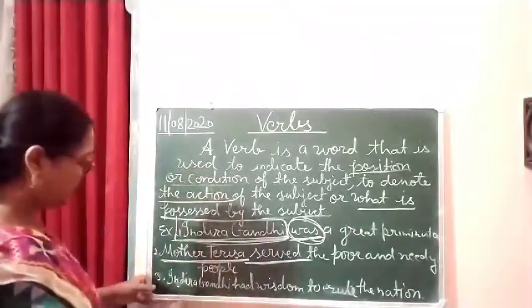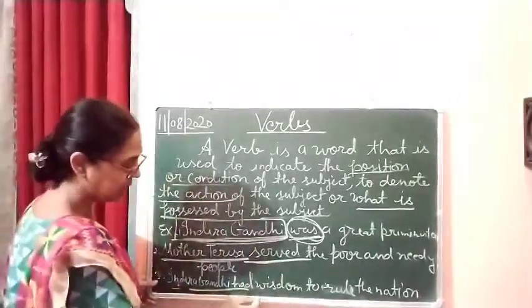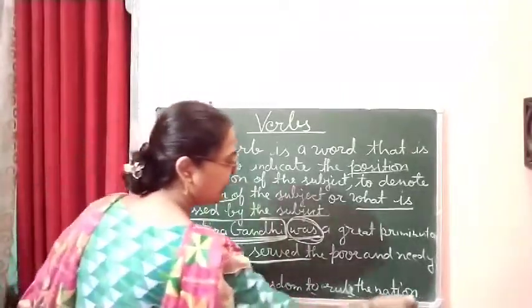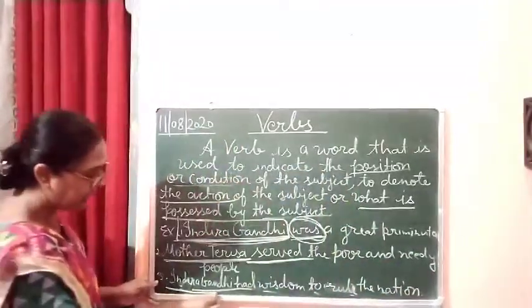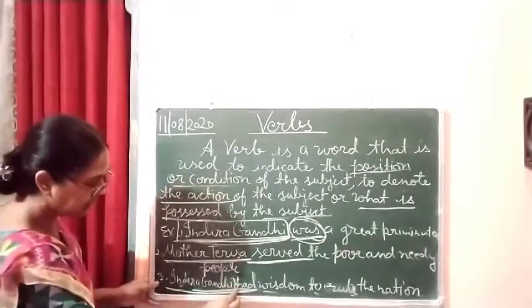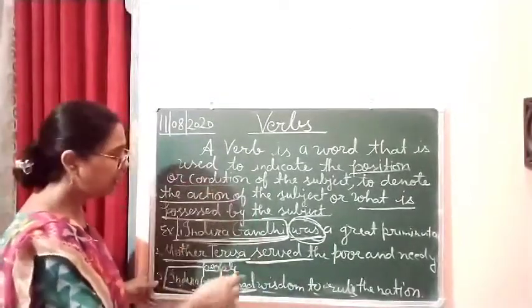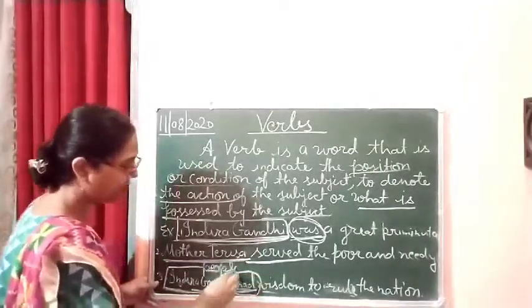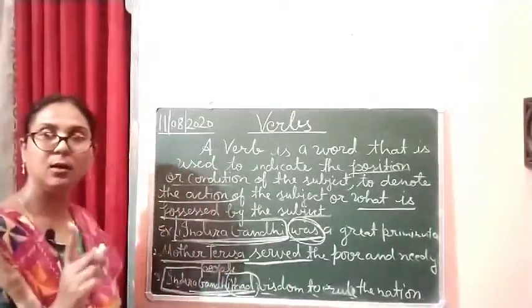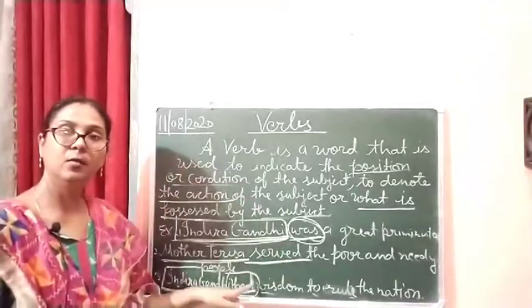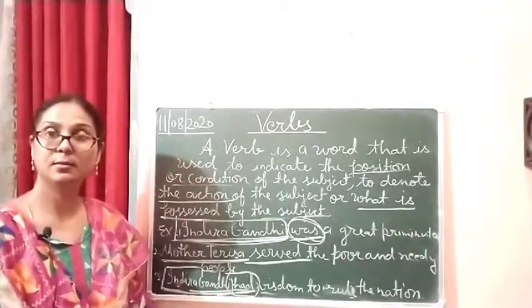Now, third, Indira Gandhi had wisdom to rule the nation. Here again Indira Gandhi is the subject. And what did she have? She had. This word "had" is showing or denoting what she possessed.